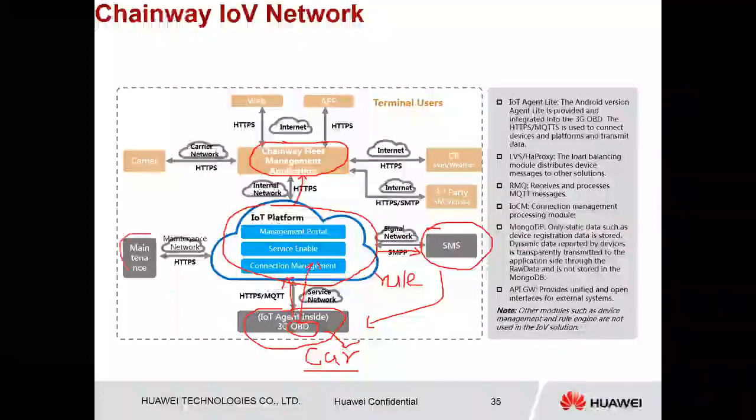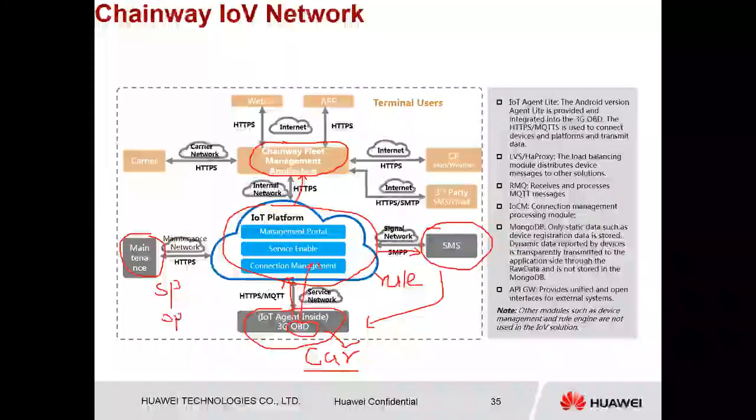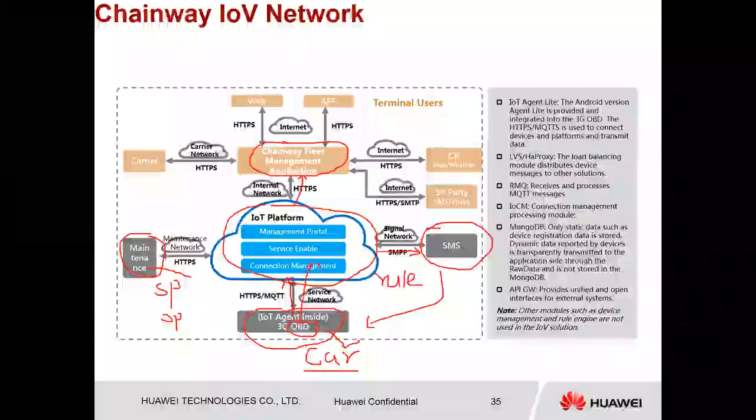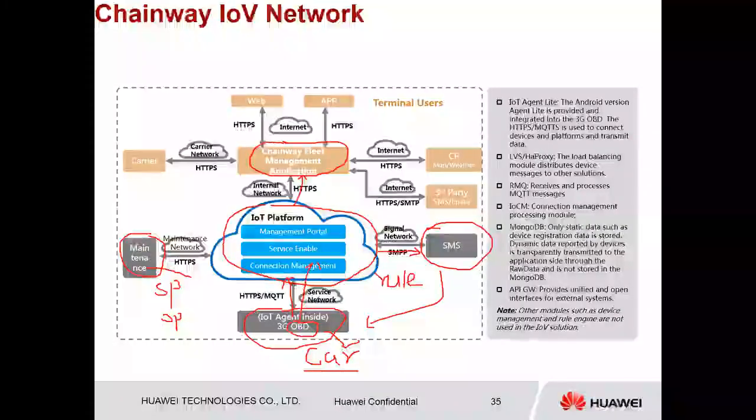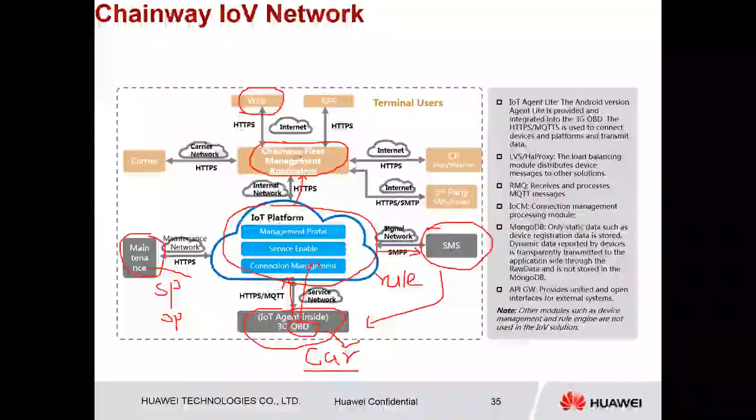And the next is for maintenance, for the SP portal, the operation portal, and the OSS portal. This can help us to maintain and configure the platform. This is for Chen Wei. Chen Wei can support two kinds. He has his own web portal to manage his fleet management system, for the web portal and the mobile app.